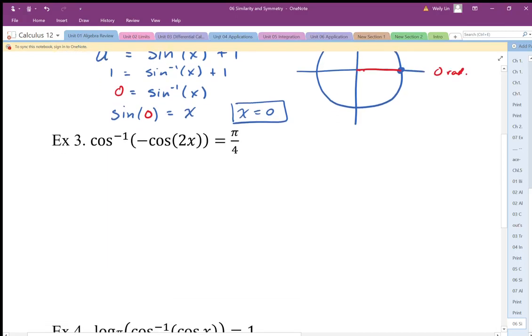For this next one here, we do have to be a little bit careful because of the domain of the cosine function. The arc cos only accommodates -1 to 1, and the range, we need to limit the range. The range is limited to -pi/2 to pi/2.